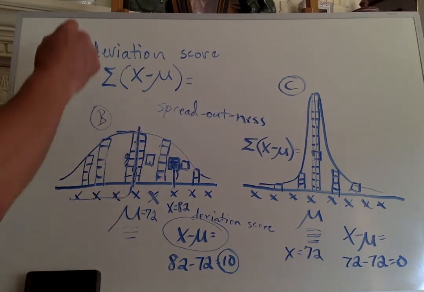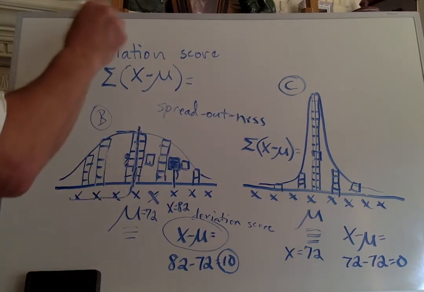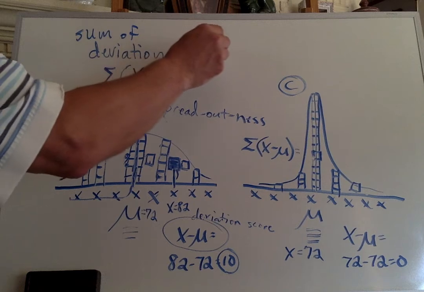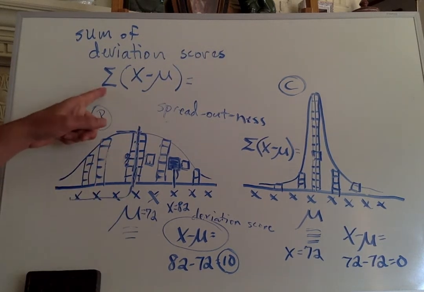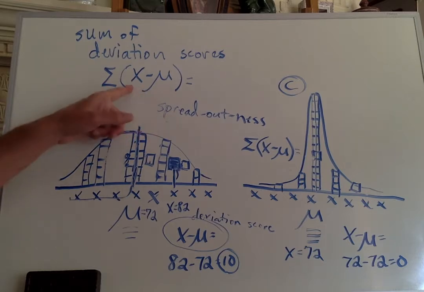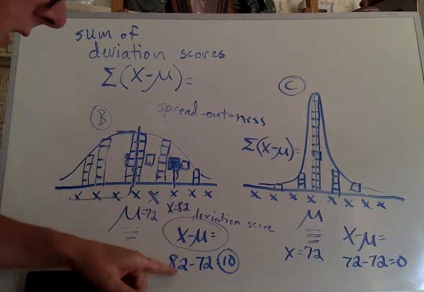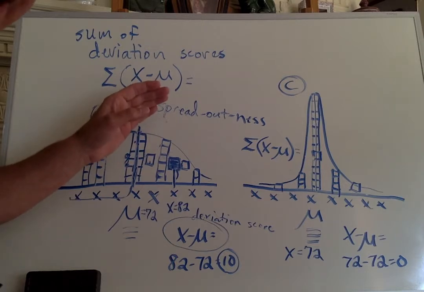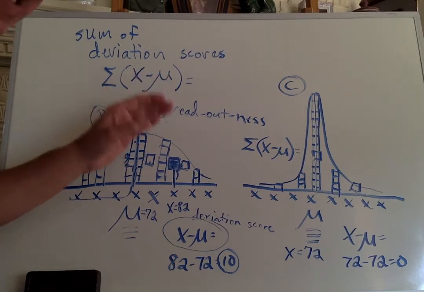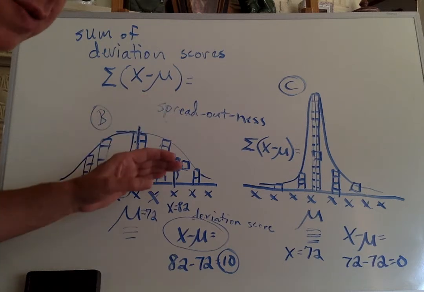Okay, so this is the sum of deviation scores, this formula, because we're adding together all of our deviations. If this is your exam score, you would be 10. If I got the 72 on the exam, mine would be 0. If someone else got a 92 on the exam, theirs would be 20.